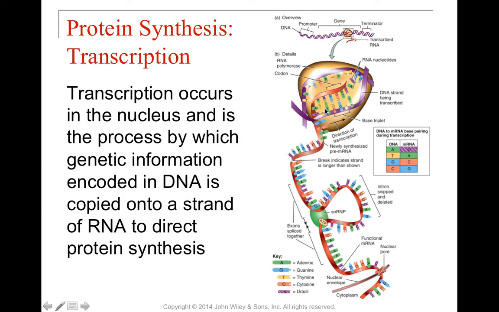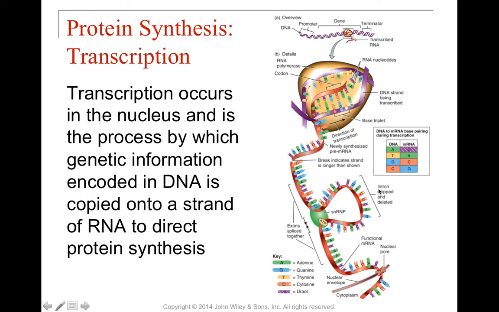So everywhere we have an A, right, in the DNA, we're going to have a U in the RNA, a C in the DNA, a G in the RNA. So you can see that we're using this strand as a template to be able to create this RNA strand. All right, we also are going to have something called intron-exon splicing, which you can picture this like if you were to record an entire TV channel or an entire TV episode, but you wanted to eliminate the commercials.